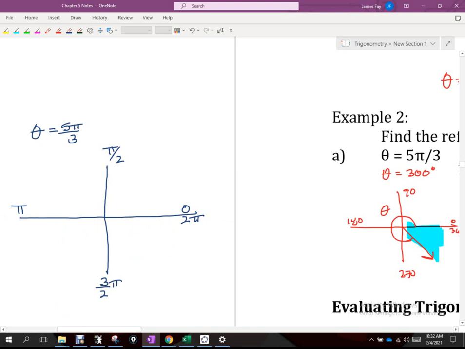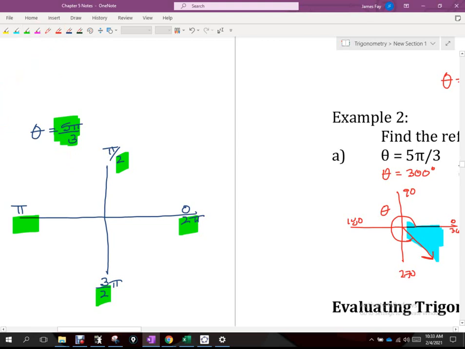Now, I don't know where 5 pi over 3 terminates in the 4 quadrants here, because all my denominators are different right now. It's hard to compare things with different denominators, right? But if I'm able to make my denominators all the same, that would make my life a little bit easier.